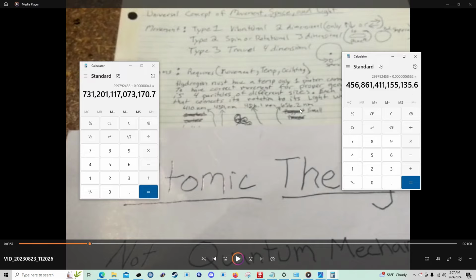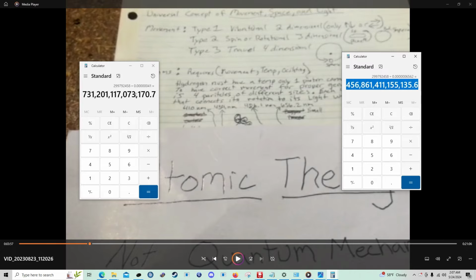See? The larger the wavelength, the lower the frequency of the electrons that are orbiting it. So the ones at 410 nanometers are orbiting at this frequency, and the ones at 656.2 nanometers are orbiting at this frequency.